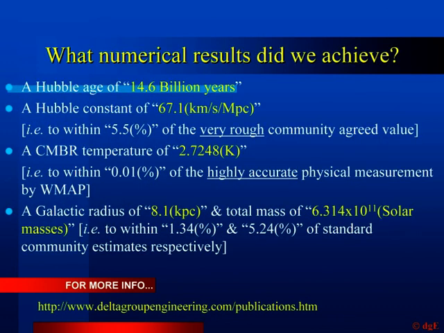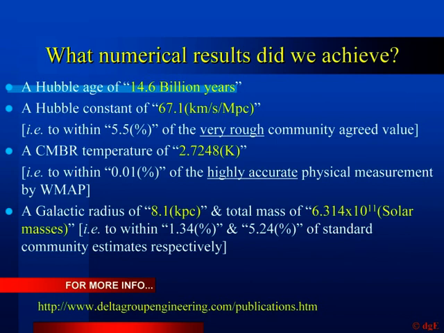What numerical results did we achieve? 1. A Hubble age of 14.6 billion years. 2. A Hubble constant of 67.1 km per second per megaparsec, that is, to within 5.5% of the very rough community agreed value. 3.